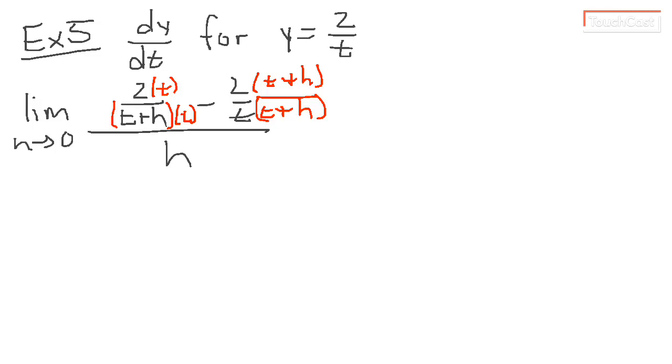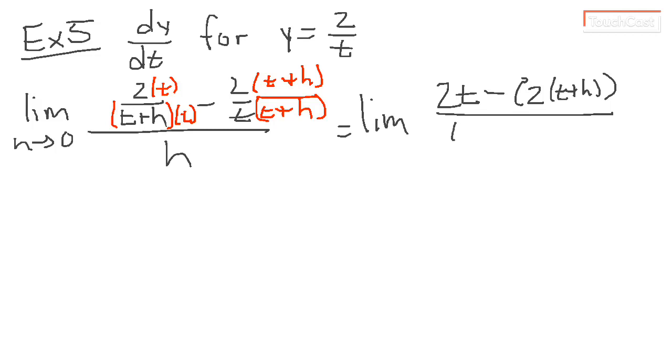So we can rewrite this as the limit of 2t minus 2 times t plus h, all over t times t plus h, all over h as h goes to 0.